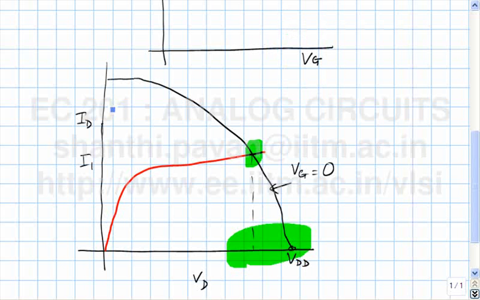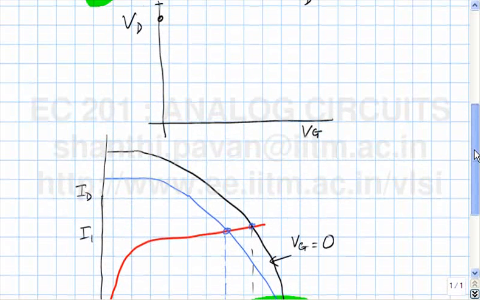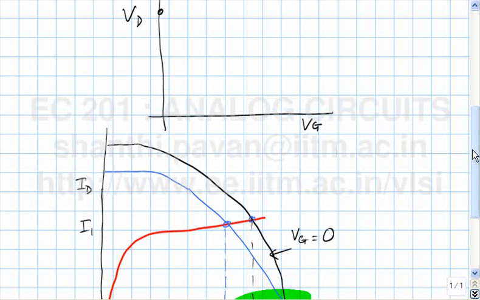The corresponding curve will be something like this. It will have a smaller saturation current as well as a smaller area in the triode region, and you can see clearly that as you go on increasing Vg, the potential at the drain of the PMOS transistor will keep falling.